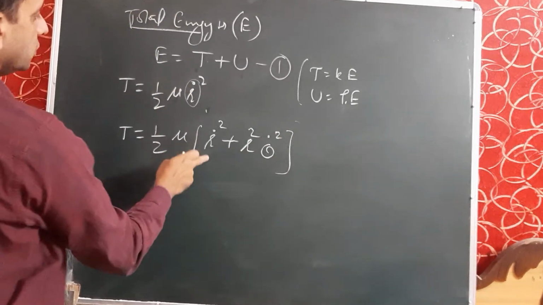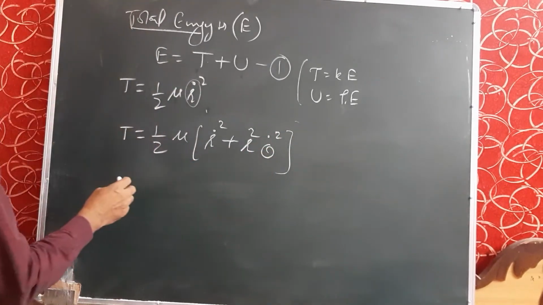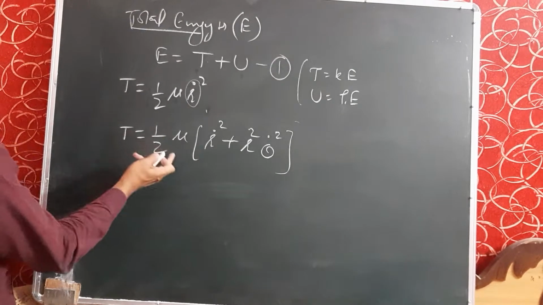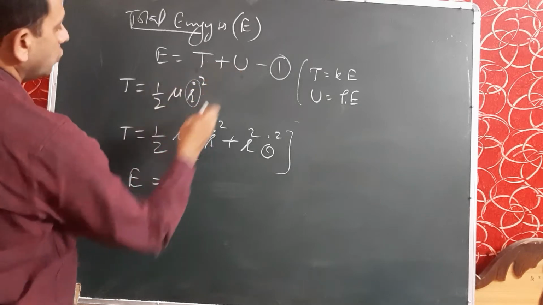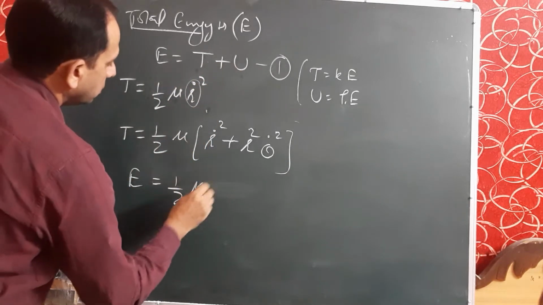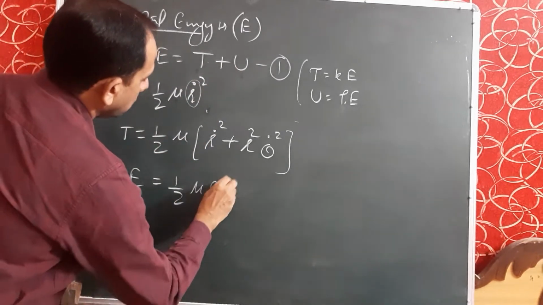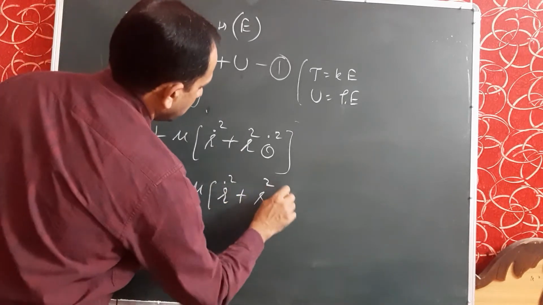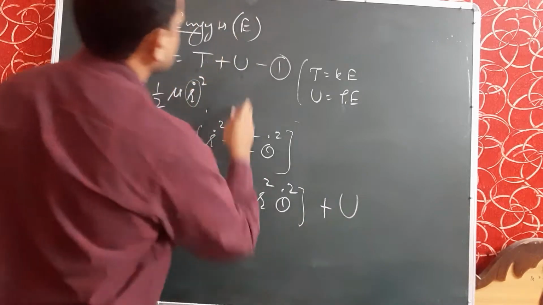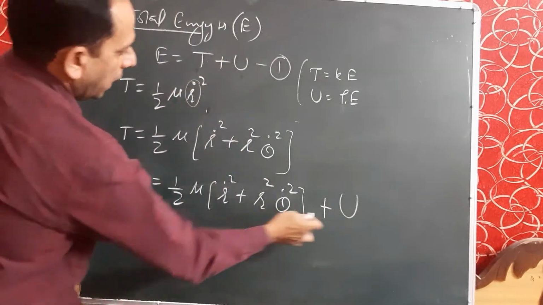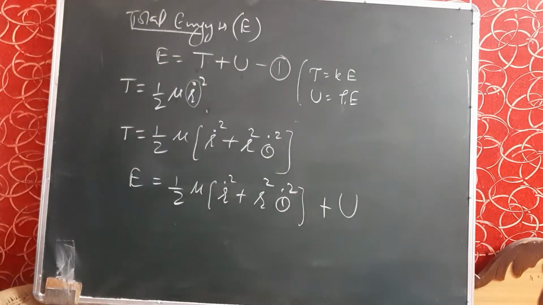This is energy T, and the total energy E becomes T plus U, that is half mu into r dot square plus r square theta dot square, plus U. This is the value of T, and plus U is the same.